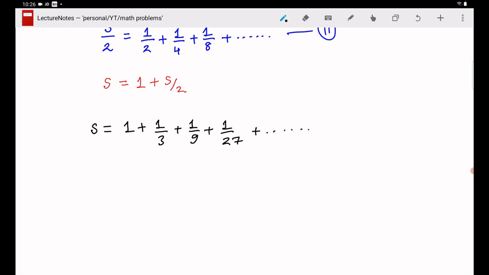So once again, we divide both sides by 3. We get S by 3 on the left hand side, and on the right hand side we once again get 1 by 3 plus 1 by 9 plus 1 by 27 and so on.